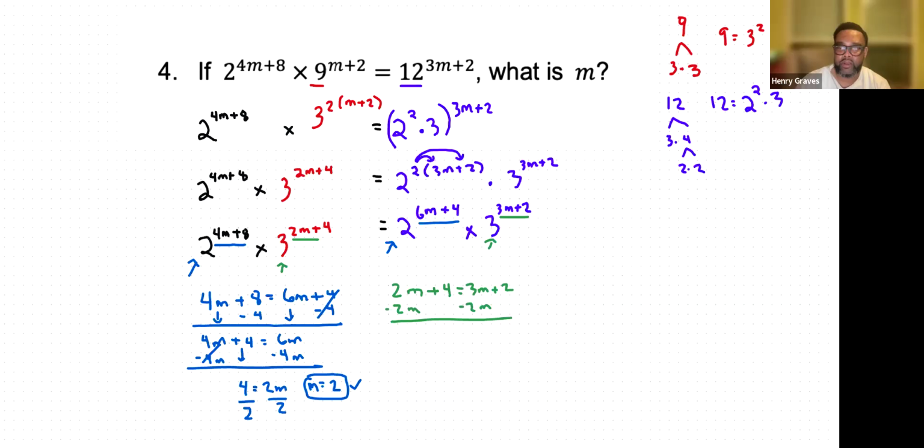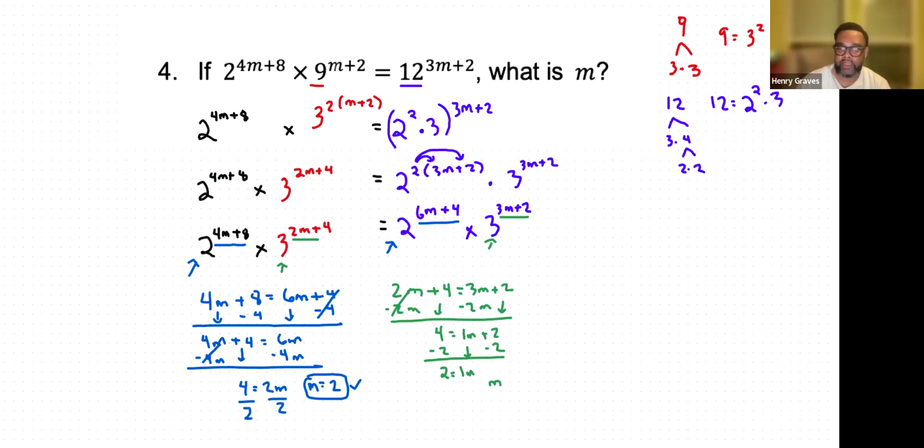It goes away. Bring down the 4. 3m minus 2m is 1m. Bring down the plus 2. I'm going to subtract 2 on both sides. I do that, it gives me 2 is equal to 1m. Divide both sides by 1, so that way m is equal to 2.